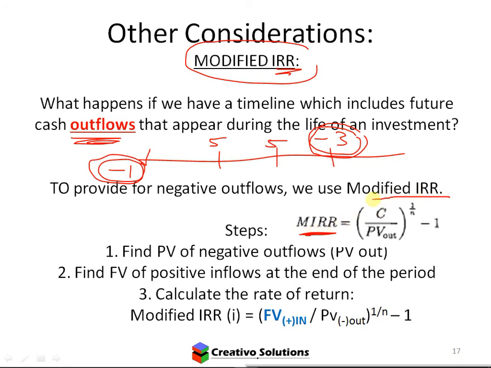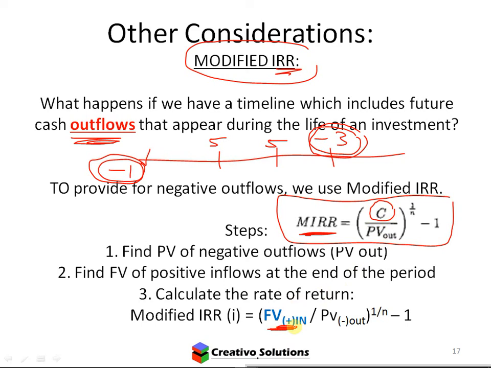The equation that you've got in your past paper formula sheet is that one. Do you see it on the formula sheet? You will be given that equation. What is it? Modified IRR. The only thing that you won't have is the C. What does the C represent?